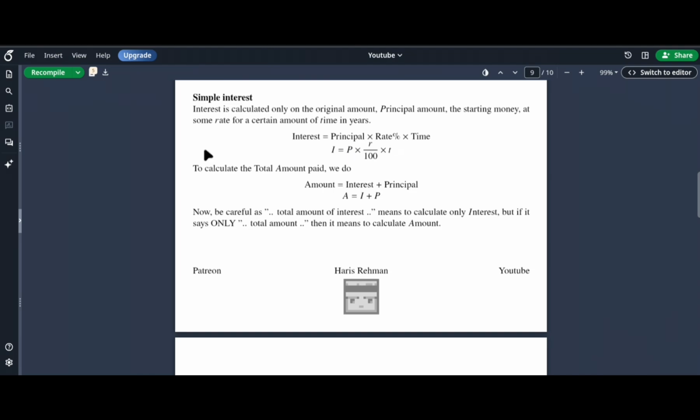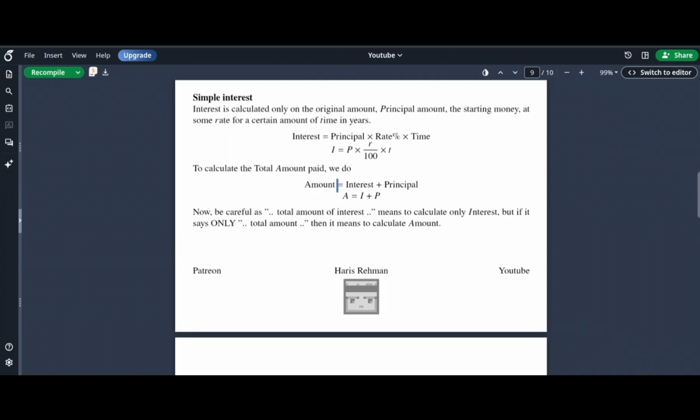I just have it in separate terms. Over 100 is the percent, P is the principal, R is the rate, and T is the time. To calculate the total amount we paid, or the amount that we get: amount is equal to interest plus the principal amount.